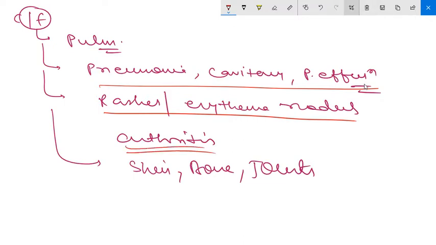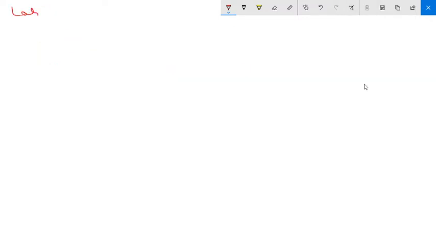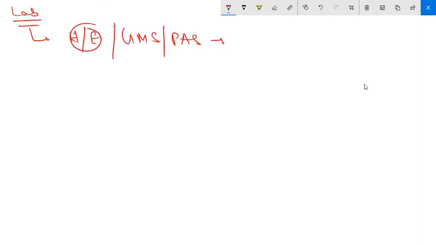Now coming to the most important part, that is the lab diagnosis. Histopathological staining, in which you can do H&E staining, GMS staining or PAS staining, of sputum or tissue biopsy specimen, and all of these will demonstrate spherules, which are large sac-like structures that have a thick double refractive wall and are filled with endospores.